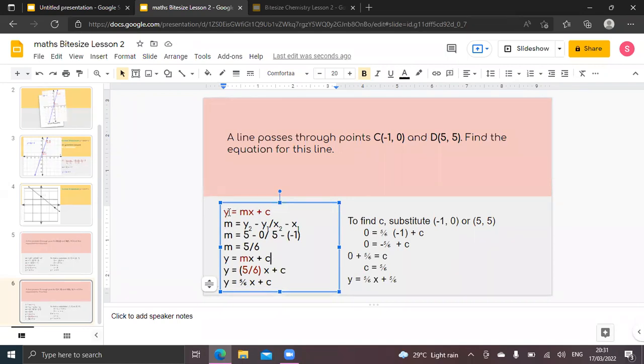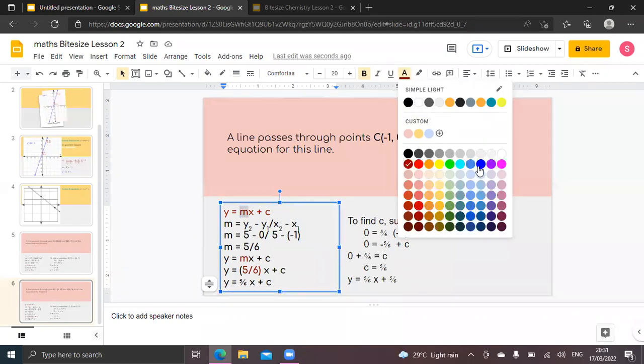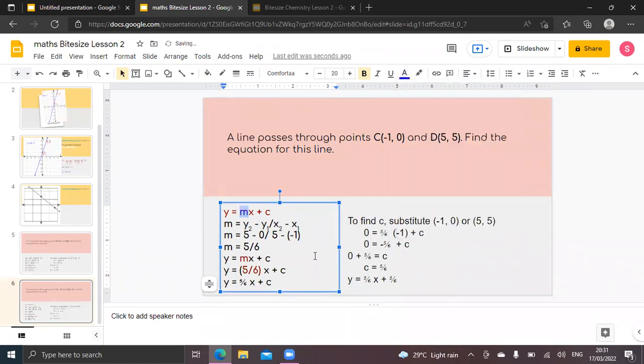Okay, first the skeleton: y equals mx plus c. Now, what is the most important thing that I want to find? I want to find my m. I'm going to use a different color here. How to find m? Use this formula, just like what we did just now. The formula for m is y2 minus y1 slash, meaning divided by, x2 minus x1.